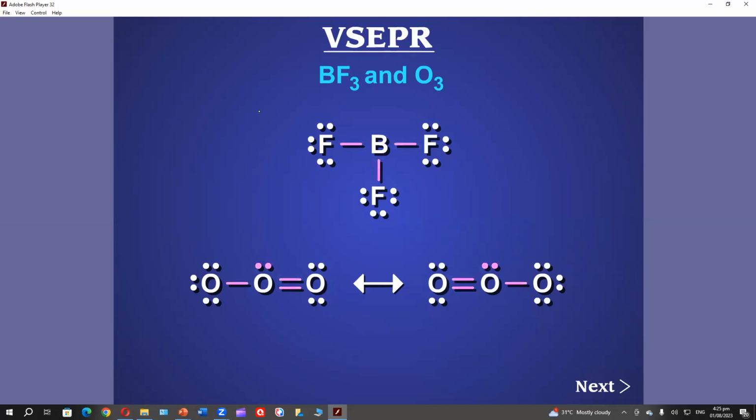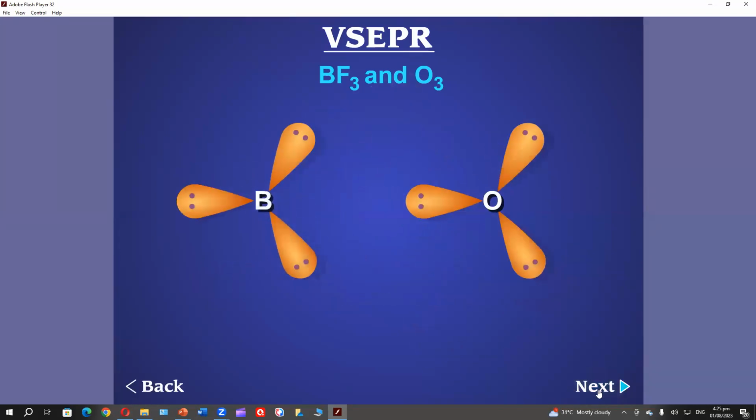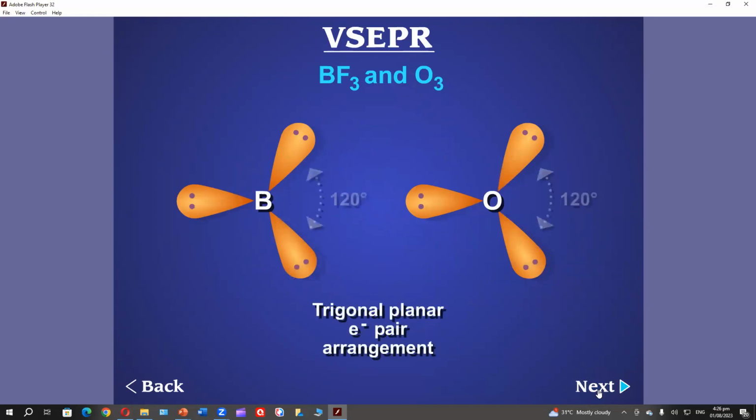A lone pair occupies space around the central atom and is also counted as an electron pair. The electron pair arrangement that minimizes repulsion for 3 pairs of electrons is trigonal planar. The angles between electron pairs are 120 degrees.